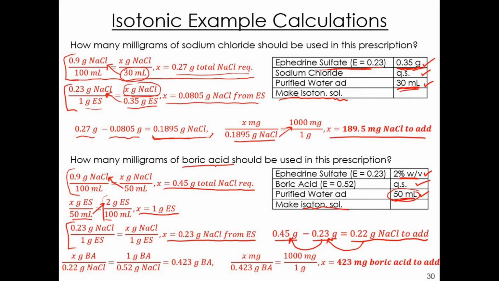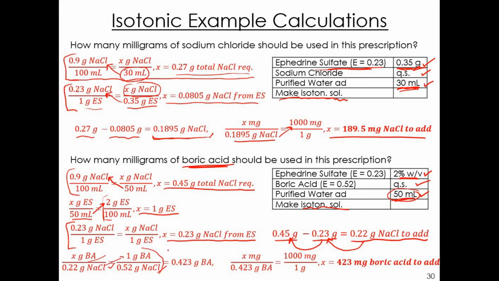But we want to use boric acid now. And so if we want to use something else to make the solution isotonic, we can use the E value for that something else, because that just converts us between grams of sodium chloride and grams of the other salt. So if we need 0.22 grams sodium chloride, we can find how many grams of boric acid that represents by using the E value of boric acid, 0.52 grams of NaCl for every 1 gram boric acid.